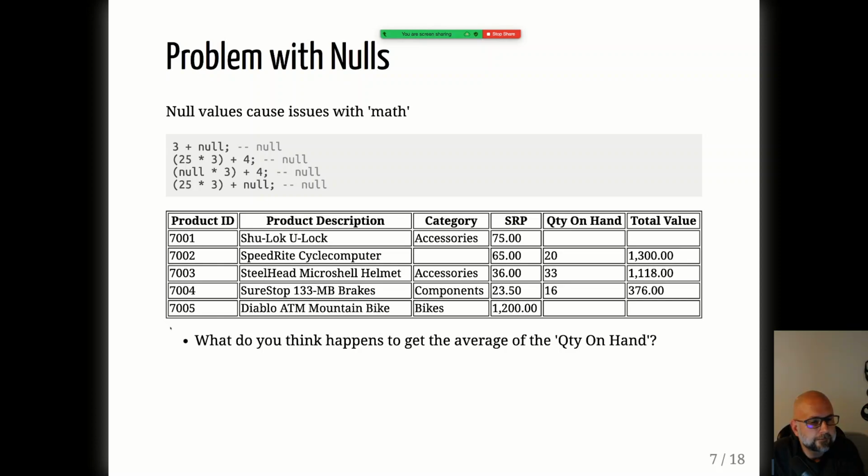Professor, quick question here. What's stored for nulls in the database? What's the binary for nulls in, say, Postgres? I don't know if I know the answer to that.